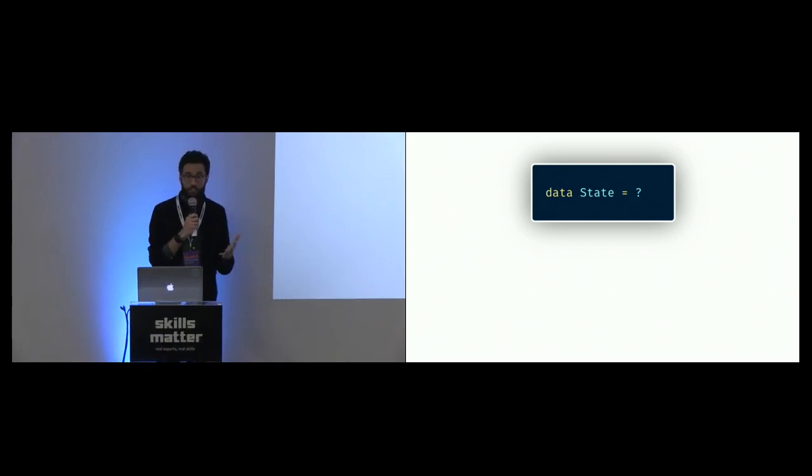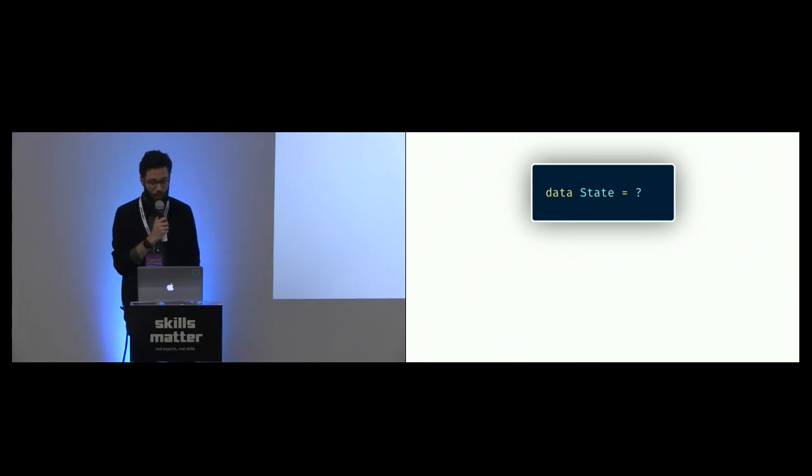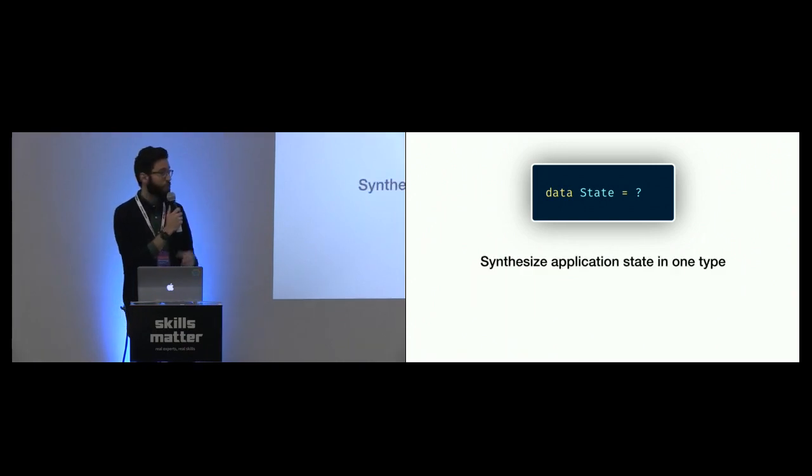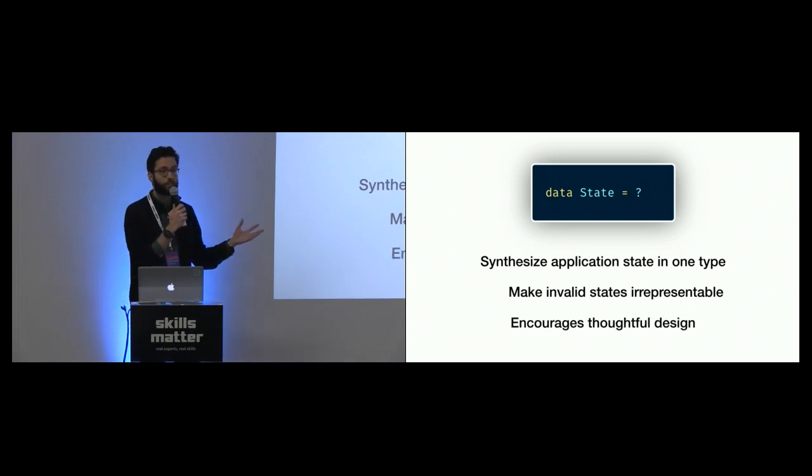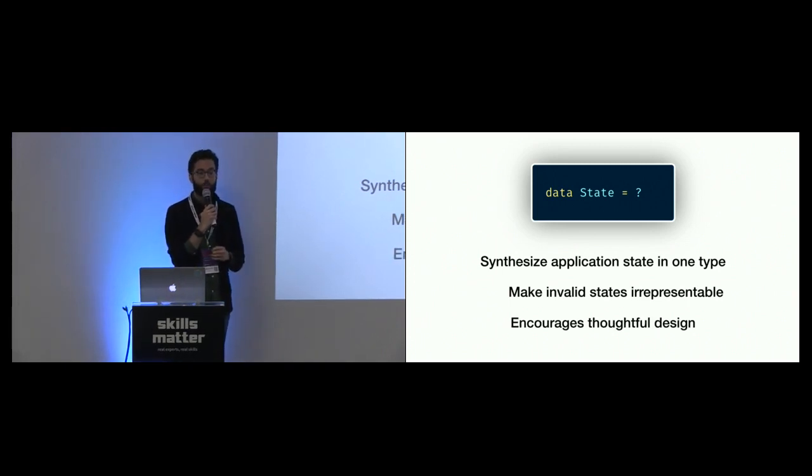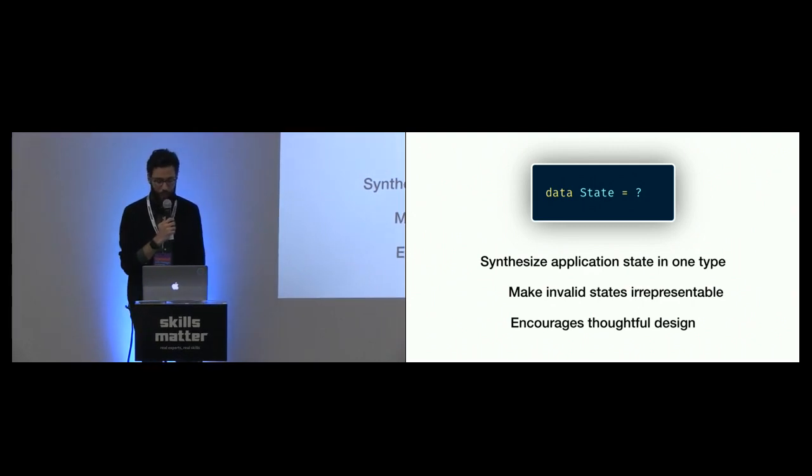We need to synthesize all of that in one type. That is also valuable because we can use the type system to our favor. We can use the type system to make invalid states impossible to represent, because we are using this one type to do that. And also, I argue that this encourages more thoughtful design, because you need to think about your state before starting to actually implement things.